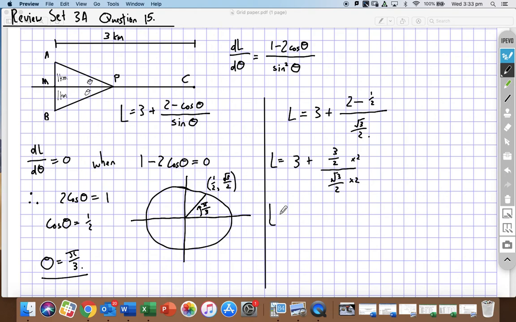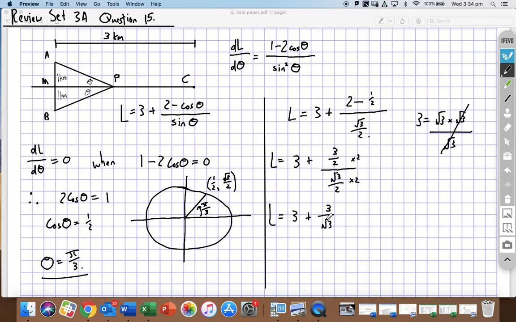The length would be 3 plus 3 on root 3, right? Now that 3 there, you could think of it as a root 3 times a root 3, and it's divided by root 3. And you'd just be left with root 3.